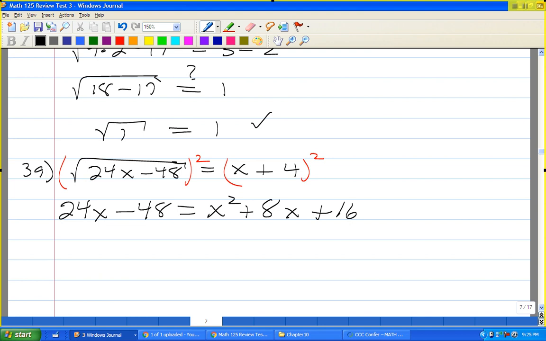Let me try to set one side of this equation equal to 0. And so let me subtract 24x from both sides of my equation. Add 48 to both sides of my equation.